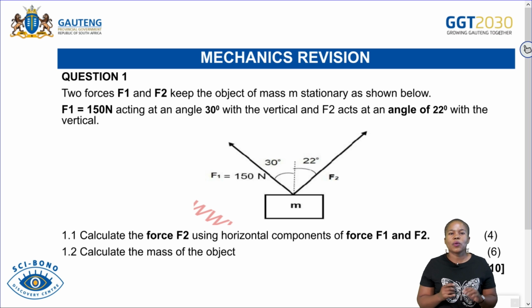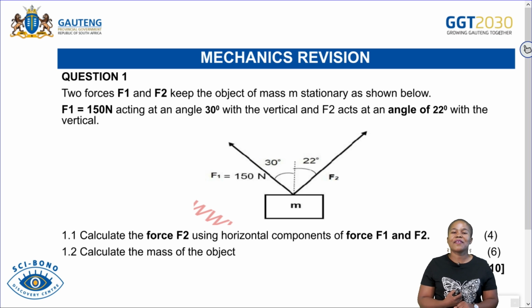We've got our question, and then we're going to have a separate page where we share the strategies on how to respond to such questions. The first question we have here is on mechanics revision. Question 1 says two forces, F1 and F2, keep the object of mass m stationary as shown below.